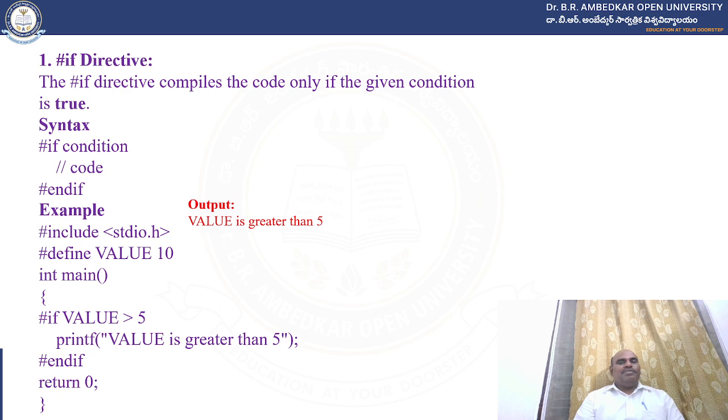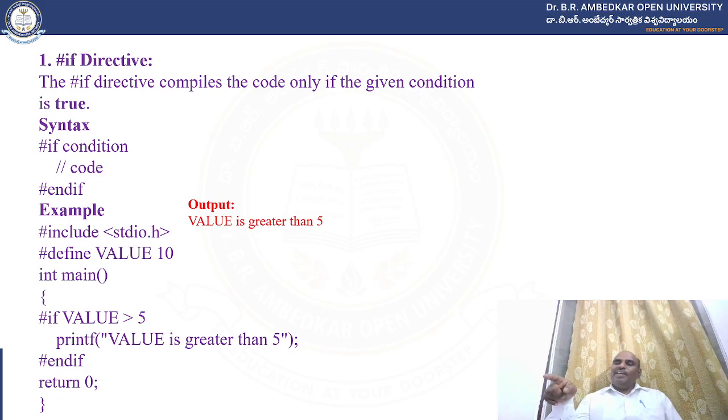What do you mean by hash if? The hash if directive compiles the code only if the given condition is true. I told you, conditional compilation: only based on the condition will compilation be done.